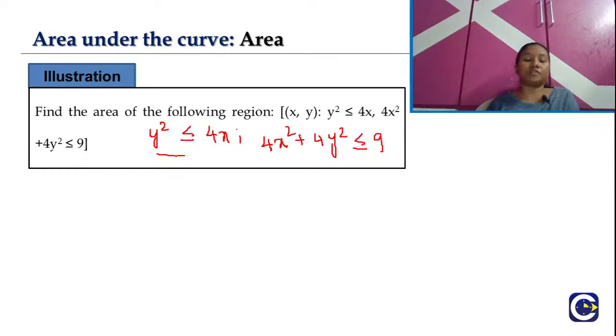You can plot that first and draw the sketch of it. The next one is the equation of a circle, that is the inequality of the circle. So first try and draw the sketches of this parabola as well as the circle, and try to find the intersection points. Then you can get the shaded or required region of our area.